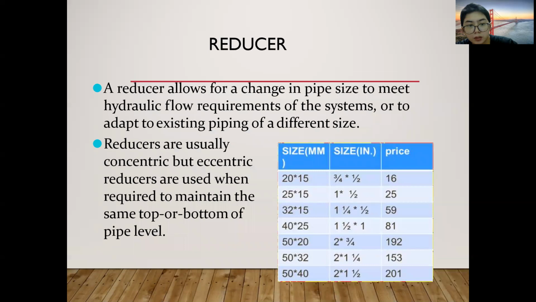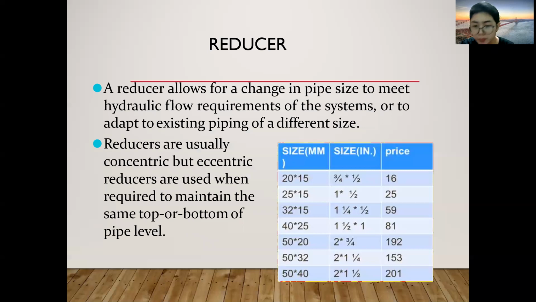So this is also the reducer, as I said earlier. A reducer allows for change in pipe size to meet hydraulic flow requirements of the system or to adapt to existing piping of different sizes. Reducers are usually concentric, but eccentric reducers are used when required to maintain the same top or bottom of pipe level.